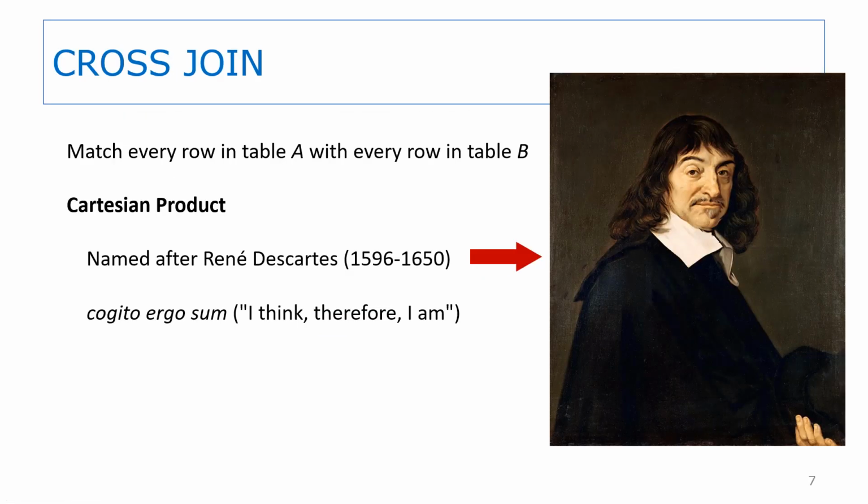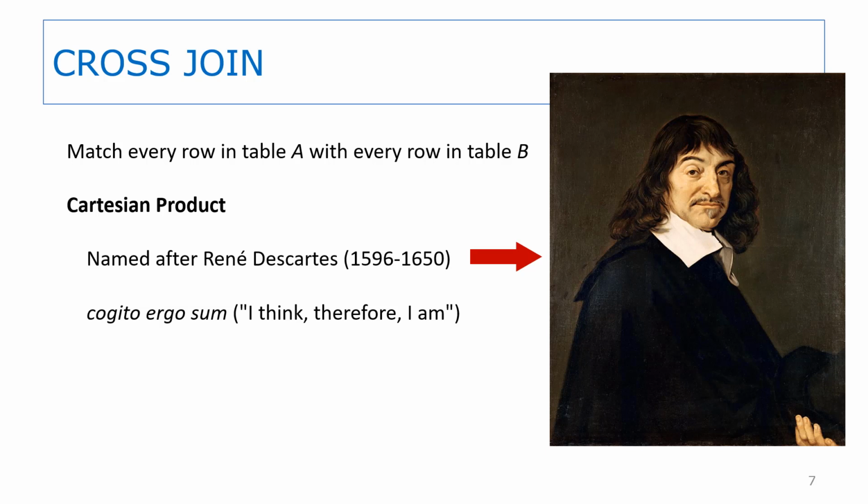To finish up our discussion of joins for now, we'll look at a very unusual type of join that has a few specialized uses. This type of join is called a cross join. Technically, it is considered to be the multiplication of all items in one set with all items in another set. This is referred to as a Cartesian product, named after René Descartes.